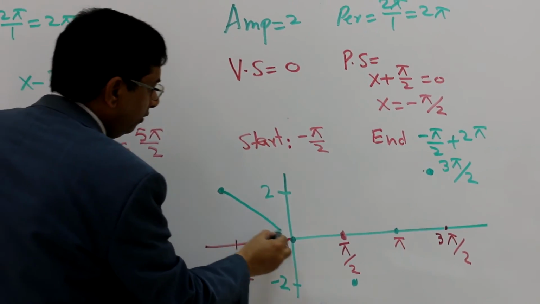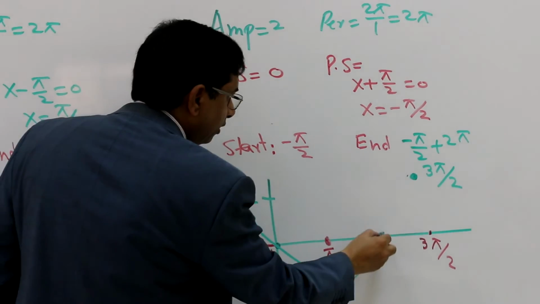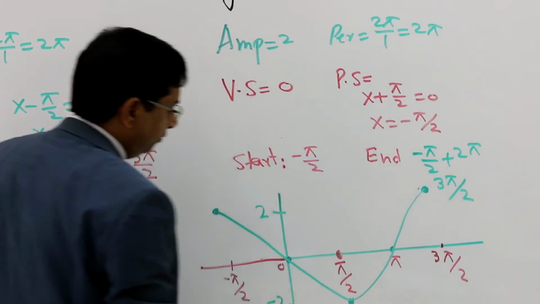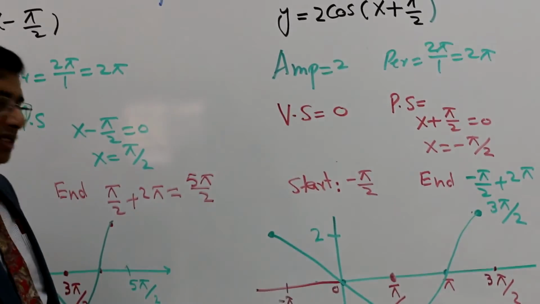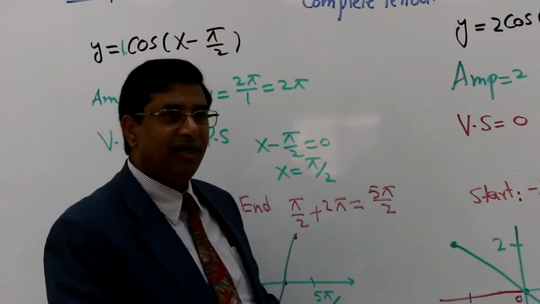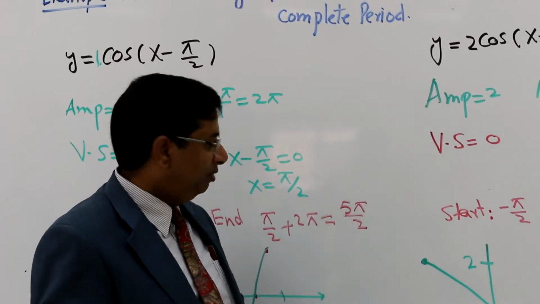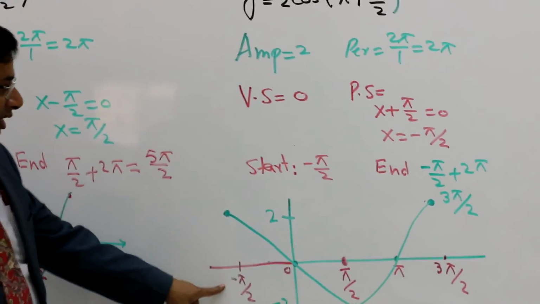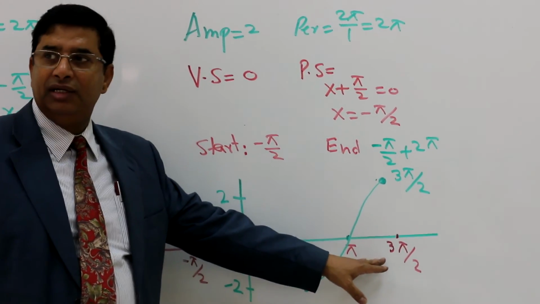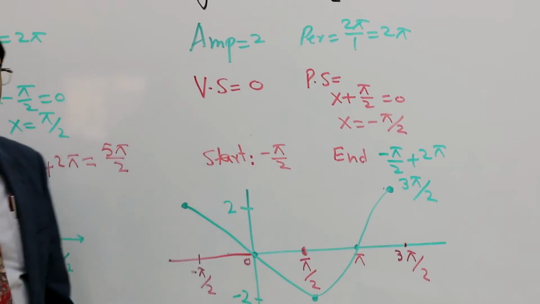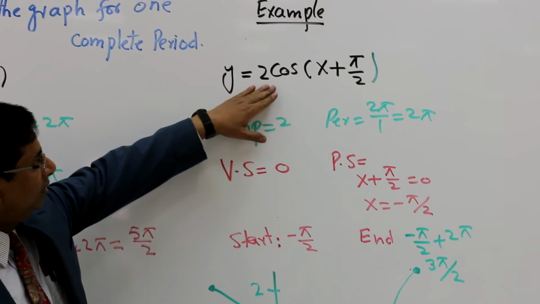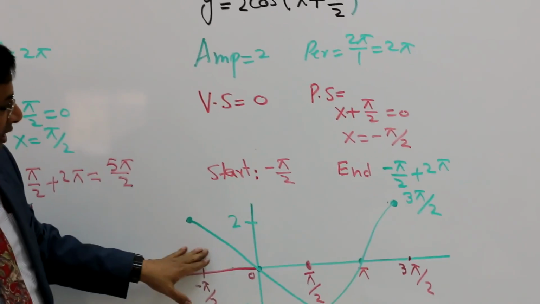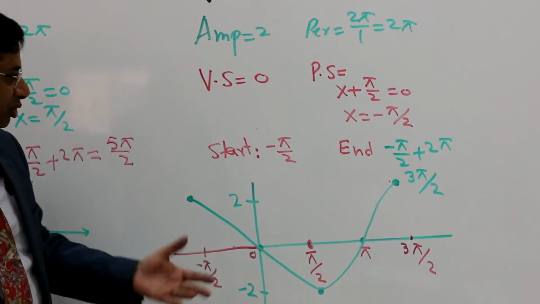So join this graph. So you can see the beauty of this graph. It is starting from negative pi over 2, ending over here. The curve is a cosine curve, and in the cosine curve, the same shape is there, but its starting and ending position is different.